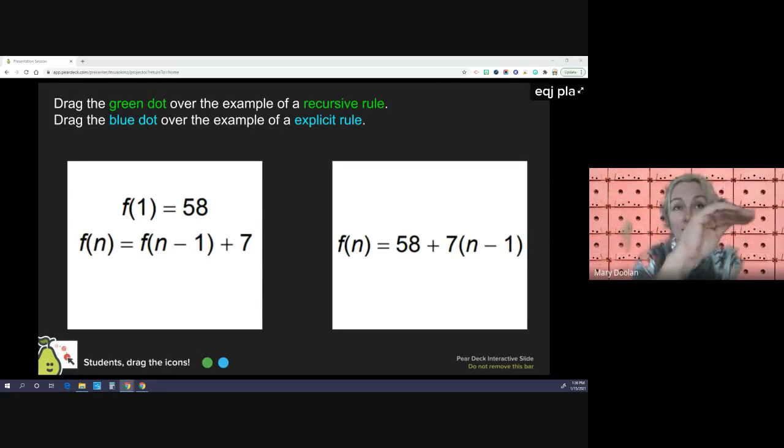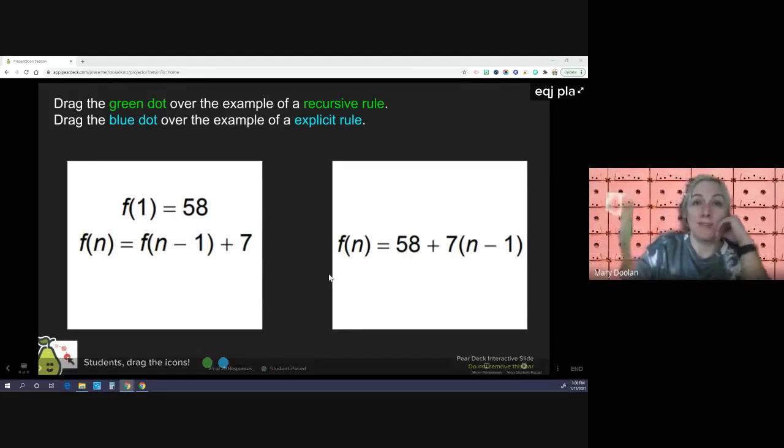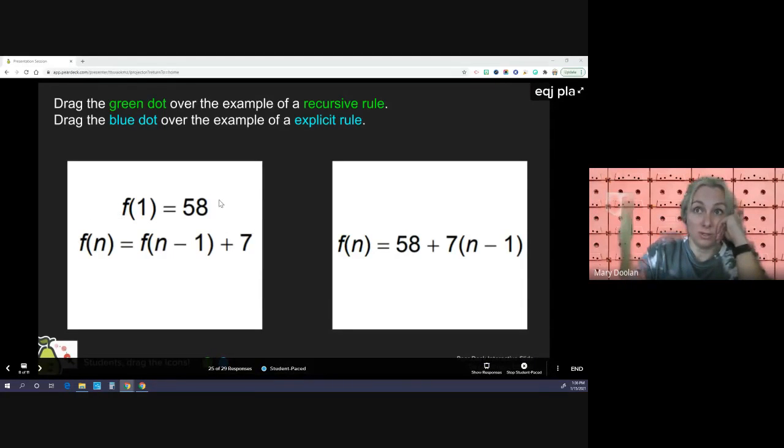Notice that we actually have two equations here. We have to know what f of 1 is. That has to be defined. And then we have the actual rule after that: f of n equals f of n minus 1 plus 7. So this is the more complicated one, so that is the recursive rule. And over here, the explicit rule, we don't have to know what f of 1 is.